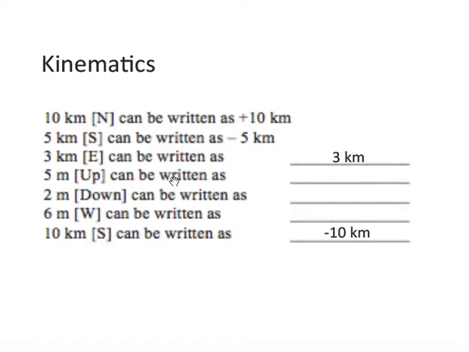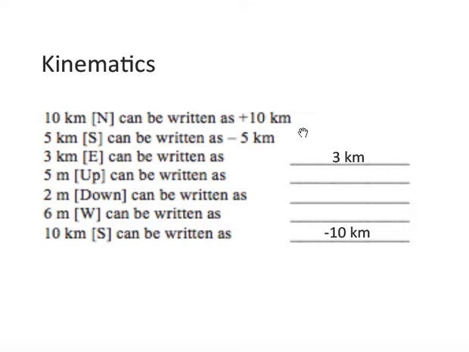So what does that mean? Well, in general, if we have a position here, say 10 kilometers north, it can be written just as positive 10 kilometers, or just 10 kilometers, and it would be understood that that 10 kilometers is read as north.